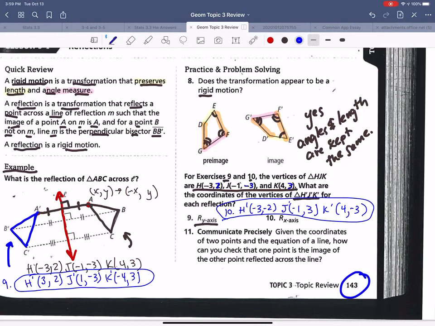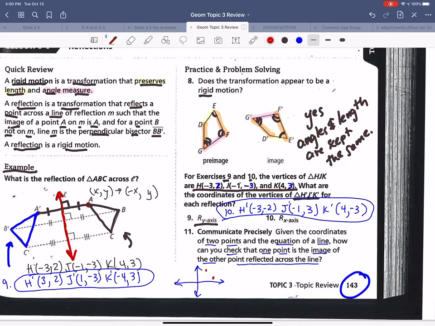Now to review, it says, communicate precisely. Given the coordinates of 2 points and the equation of a line, how can you check that one point is the image of the other point reflected across the line? All right, so we might have to draw a picture here. Given the coordinates of 2 points, so let's just randomly make 2 points, here and here.